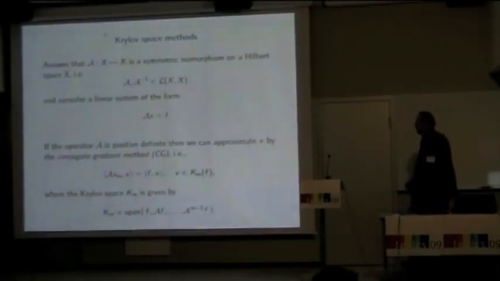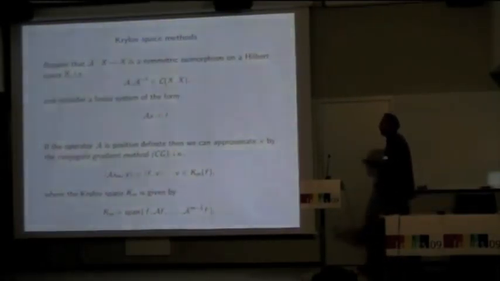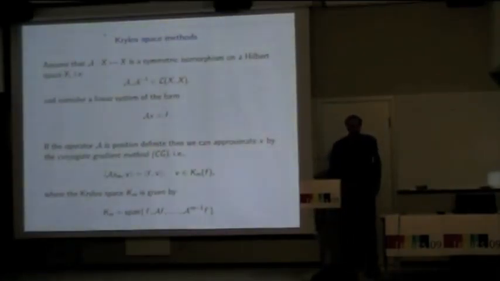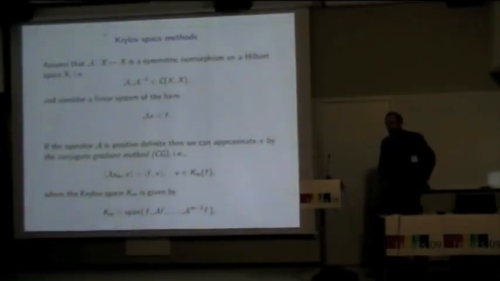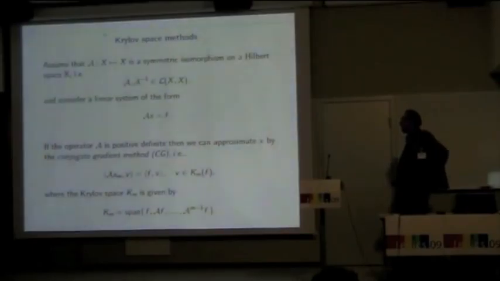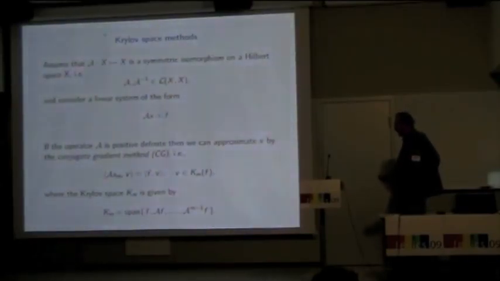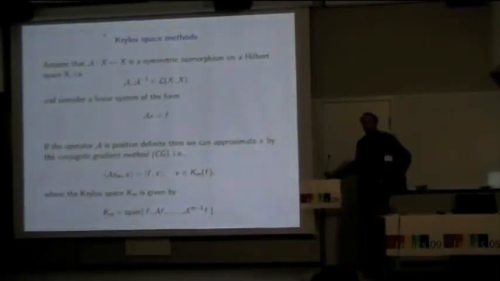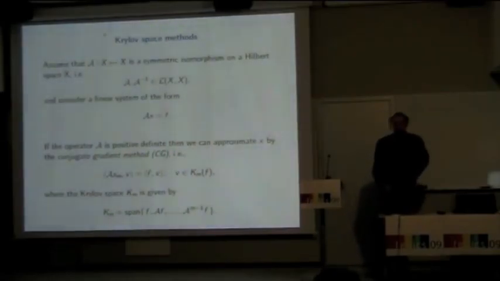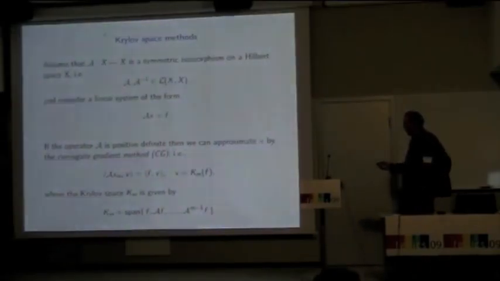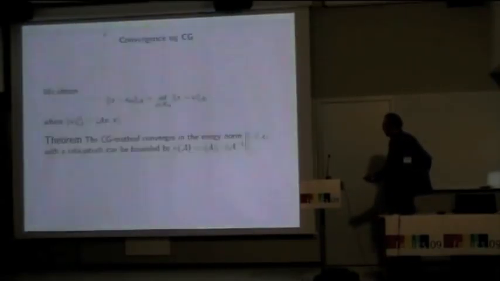And I guess I don't have to repeat too much of the conjugate gradient method here. It should be well known to anybody who has any background in numerical analysis. The basic thing we do, the conjugate gradient method, is like a Galerkin method, but to solve this system, we base the solution on the Krylov space, which is spanned by powers of the operator.